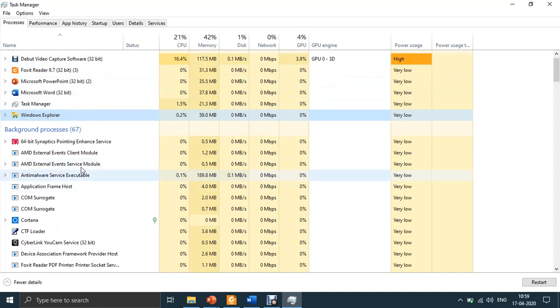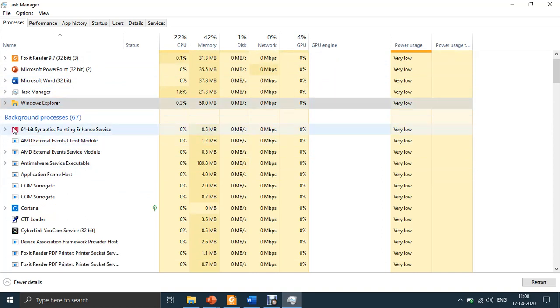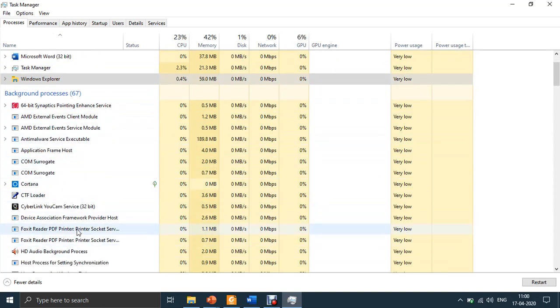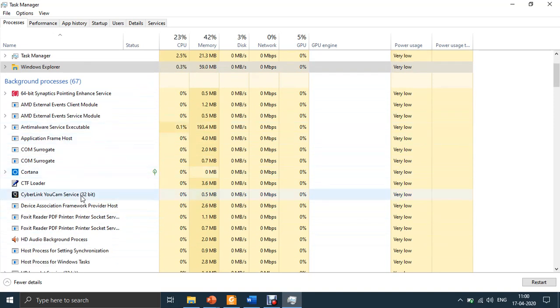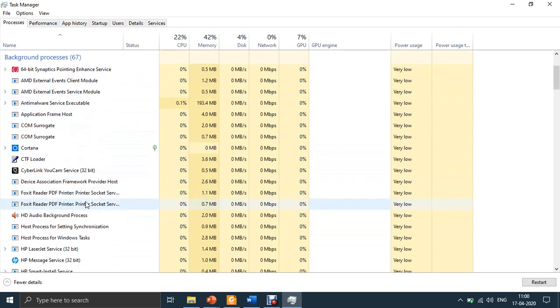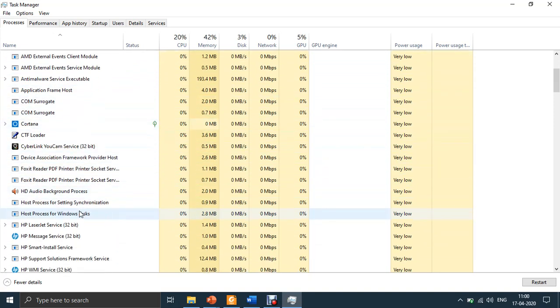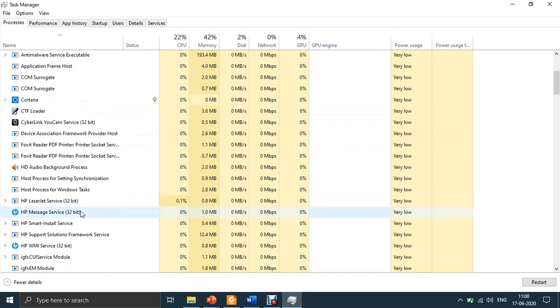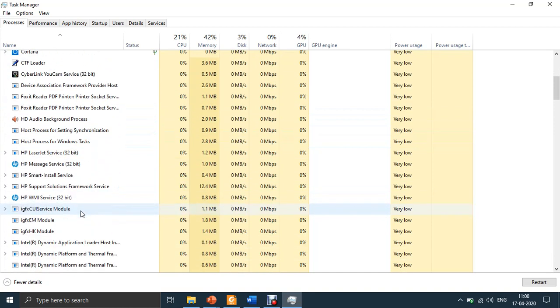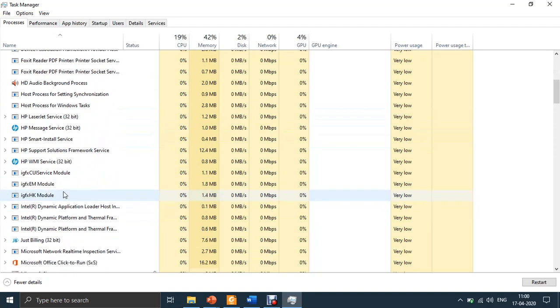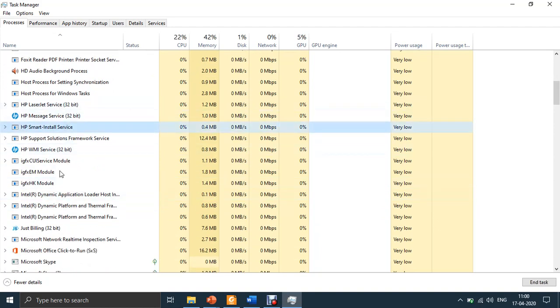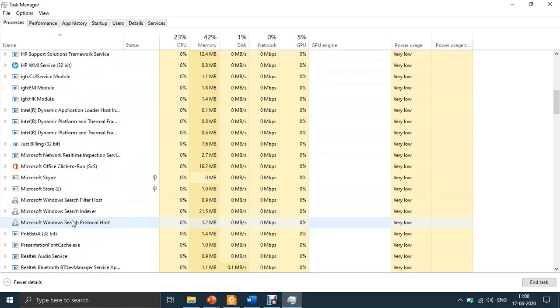But here there are other applications which are background processes. These run in the background. These support the operating system to run. I have not opened them, but they will automatically run whenever you start the system, because the operating system needs these processes to function.